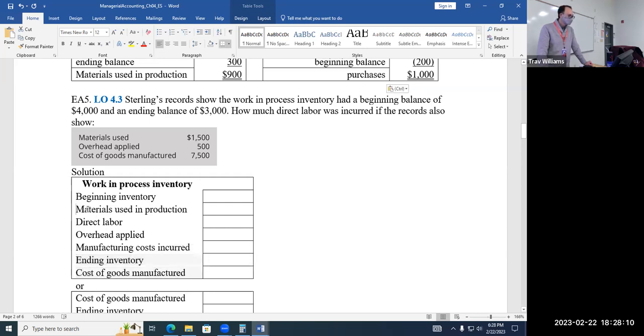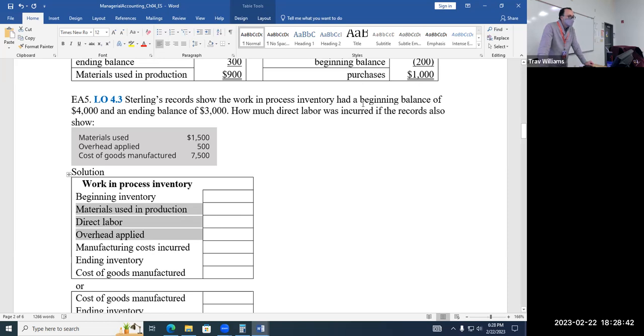So the reason this is longer is because what got added includes any additional materials, any additional direct labor, and any overhead. Okay, those are the three parts of production. So when it's a work in process, all those things can add to the costs. But it's still the same basic formula, same basic concept.